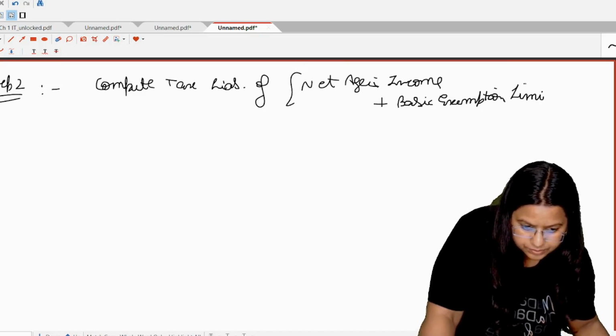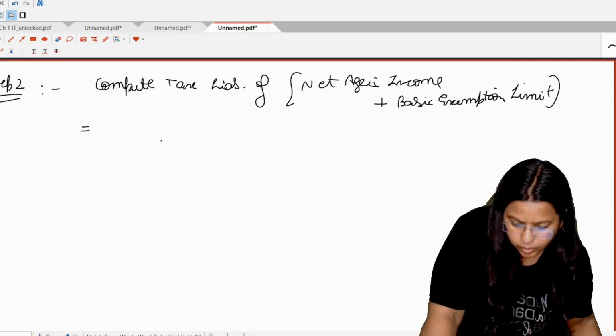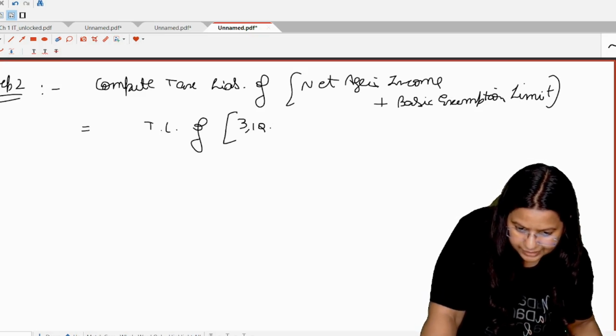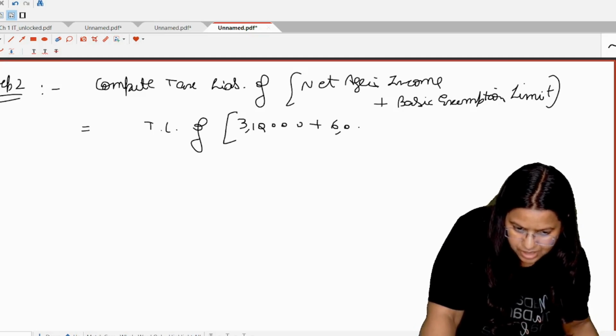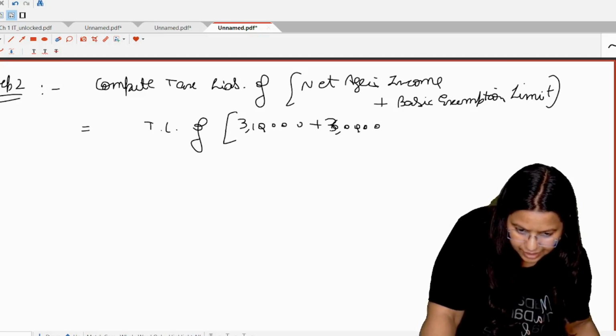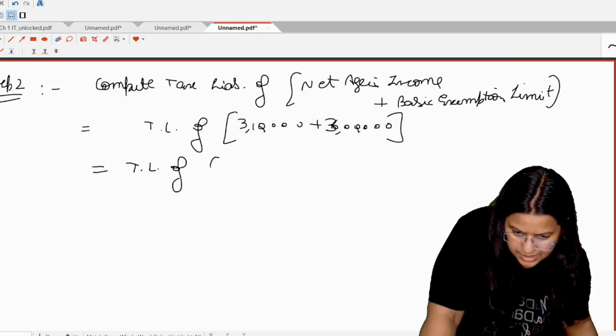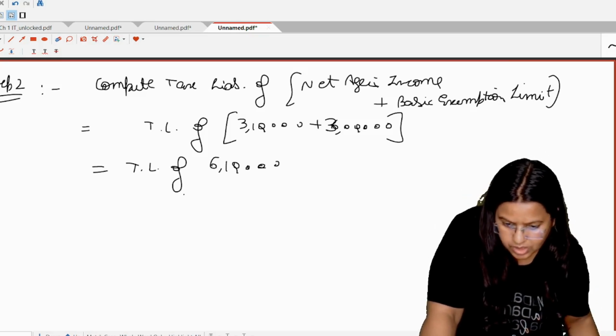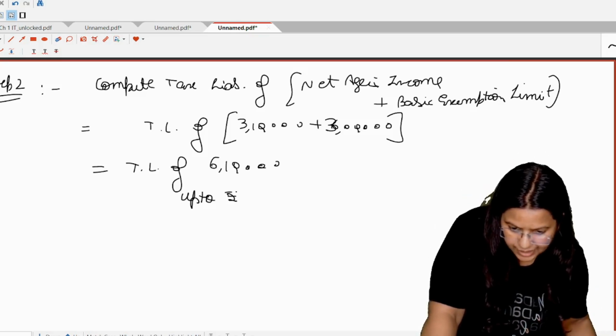Okay. So, it means the tax liability of net agricultural income 3,10,000 plus basic exemption limit 3 lakh. It means tax liability of 6,10,000 rupees. Now find it out. Okay. So again, up to rupees 3 lakh.